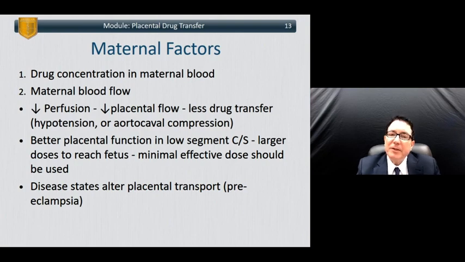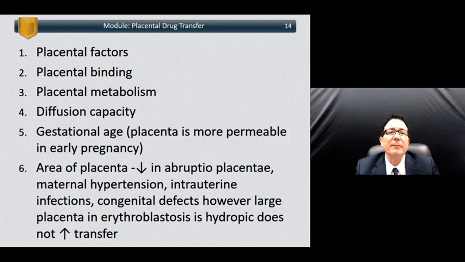Placental function is better in low segment C-sections, so larger doses reach the fetus; the minimal effective dose should be used in these cases. Also, disease status alters placental transport, for example, in preeclampsia.